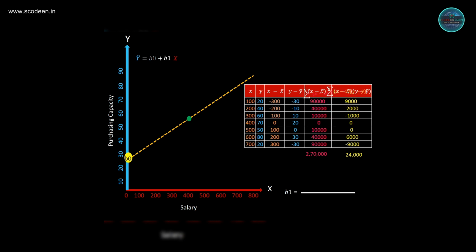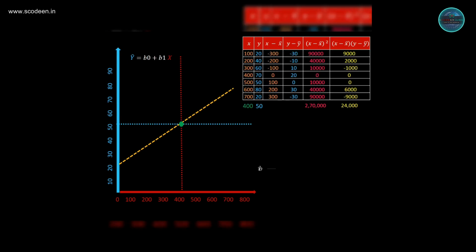If we place the values here, then b1 will be equal to 24,000 divided by 270,000, that is equal to 0.08. We can derive it by using the equation here.